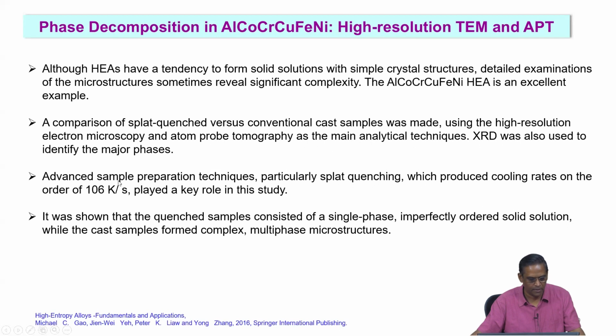And then advanced sample preparation techniques, particularly splat quenching, which produces cooling rates on the order of 10^6 Kelvin per second, play a key role in this study. Okay. It was shown that the quenched sample consisted of a single phase, imperfectly ordered solid solution, while the cast samples formed complex multi-phase microstructures. We will see what those are.